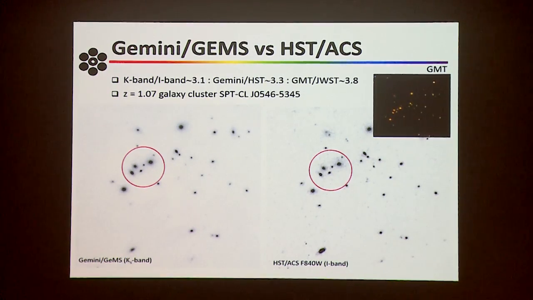Here's a galaxy cluster at a redshift of 1.07. Again, comparing HST ACS in the I band with Gemini and GEMS in the K band, using the fact that the K to I band ratio is 3:1, which is roughly the same ratio that GMT has over HST, or GMT and JWST.